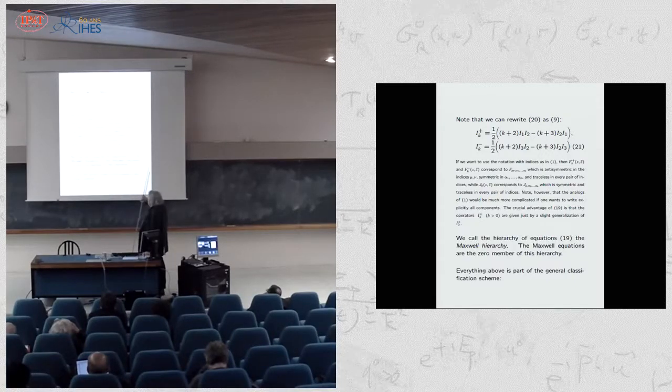If you want to work with indices, you get a tremendous headache, because after action you have to symmetrize, antisymmetrize, take out traces, and so on. Nothing to do here. It is just the same equation, only some coefficient is changed. Getting very enthusiastic about this, I call these equations the Maxwell hierarchy, and the Maxwell equations are the zero member of this hierarchy.